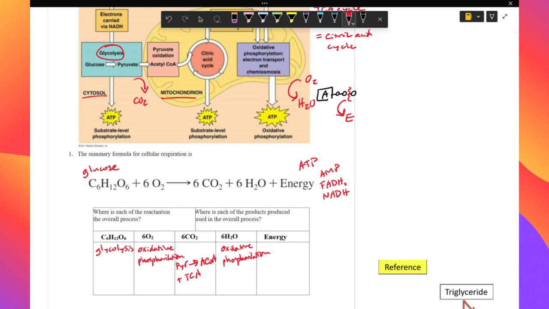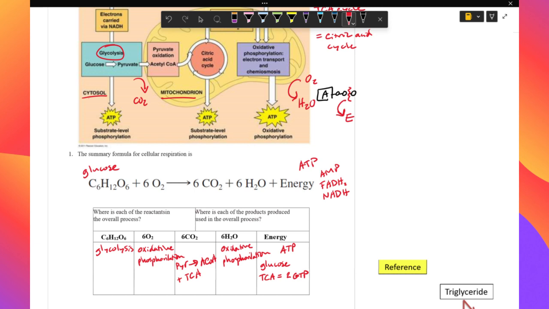And then energy. Energy shows up a lot of places. So energy is stored in our product as ATP. It's also on the reactant side as glucose, which of course shows up in glycolysis, the citric acid cycle. So the citric acid cycle in particular produces 2 GTP.